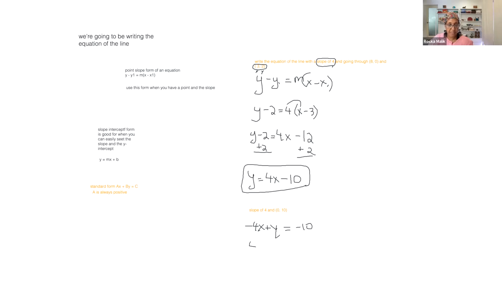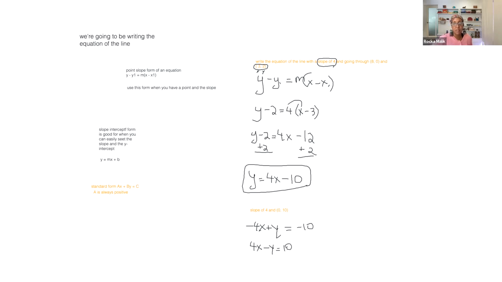So it'll now be 4x minus y equals 10, if it was in standard form. Okay. Good so far? Yes.